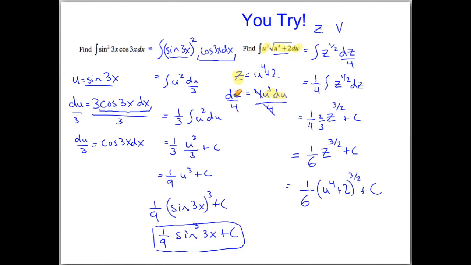Okay, so I had dz over 4, and I was going to replace that with u cubed du. So I have the integral of z to the 1/2, dz over 4, pull out the 4 in terms of 1/4, then integrate this, do a little simplifying here, and finally substitute back in u to the 4th plus 2 for z, and there is your final answer.